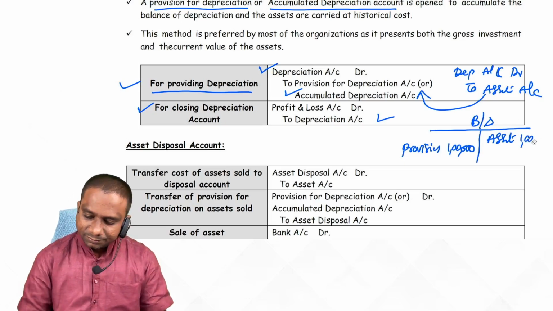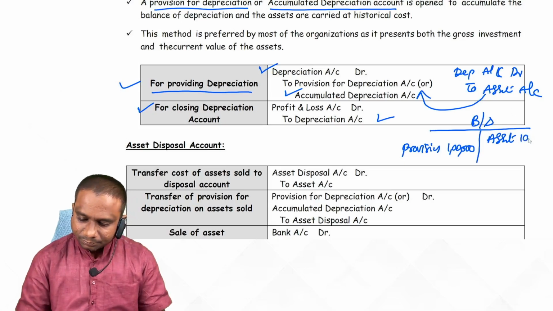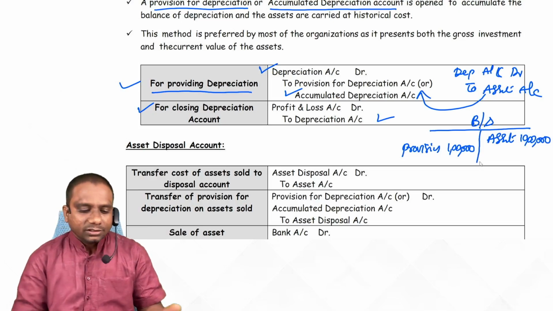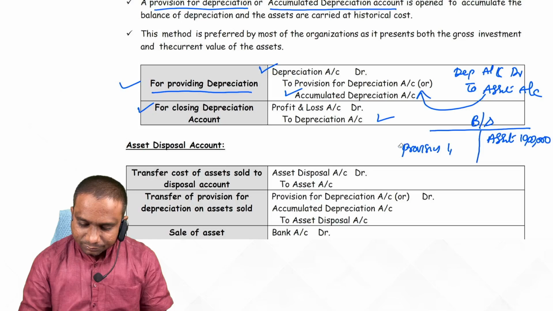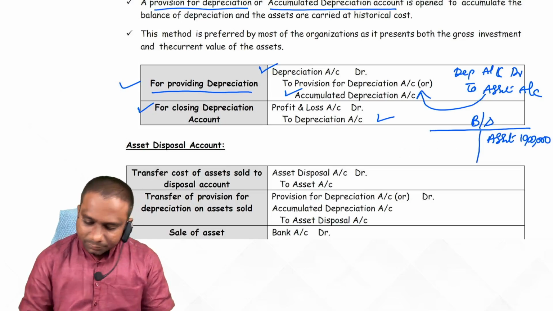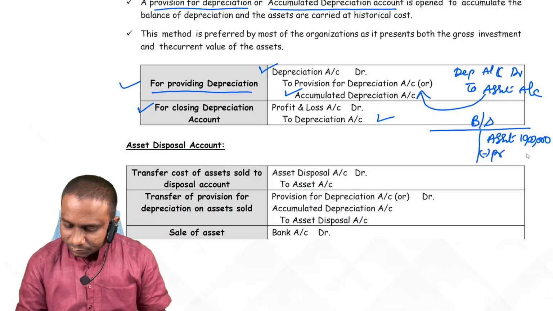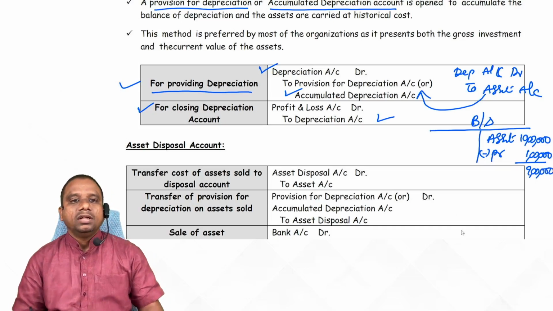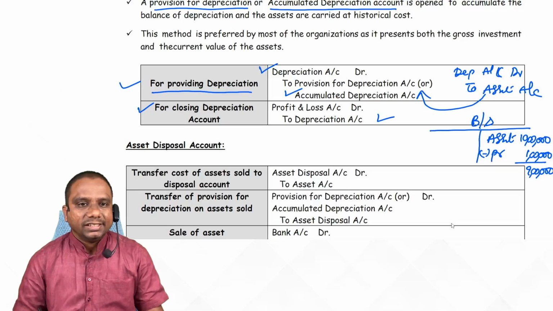This 10 lakhs and this is 1 lakh. Or else you can show it in a different manner. From the asset, you deduct provision 1 lakh. The net amount we show, 9 lakh, in the outer column. This is how we present it in the balance sheet.